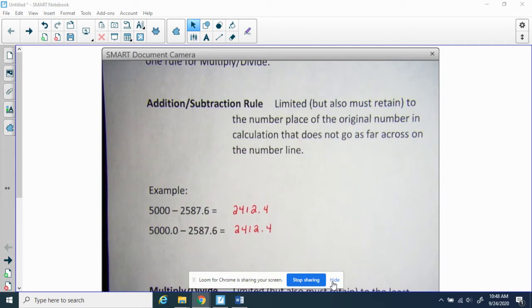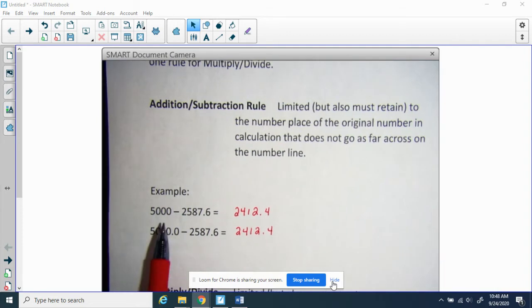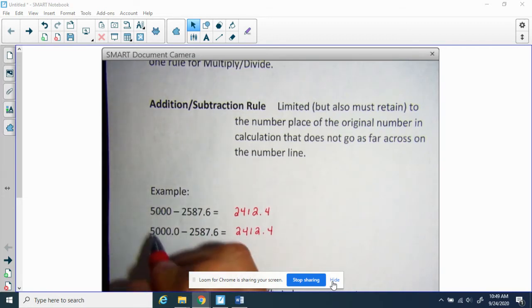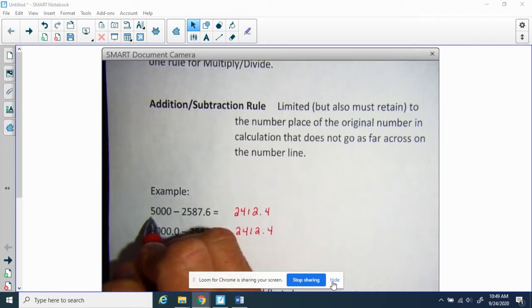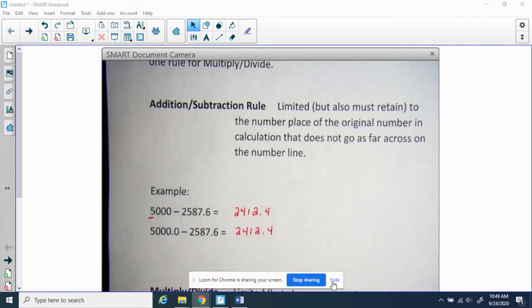to this calculation. So I'm going to go back and look at 5,000 minus 2,587.6. I'm going to look at each of these initial numbers individually, and I'm going to find all significant figures in those numbers, and then I'm going to locate which one's the largest number place for each. So let me show what that looks like. So 5,000, applying my rules from counting sig figs, I know that my 5 here is significant.